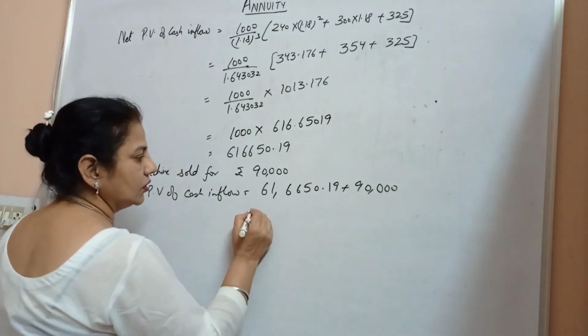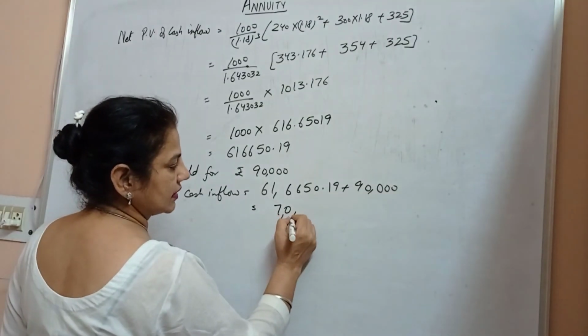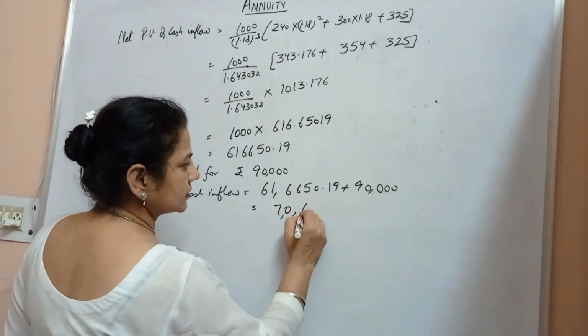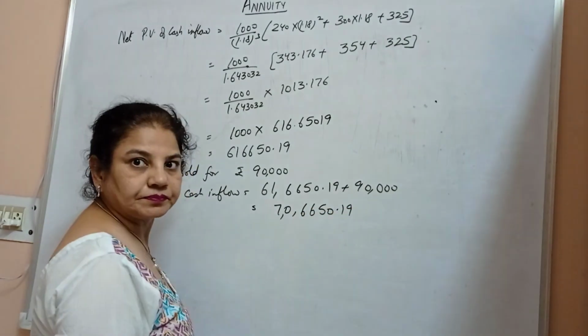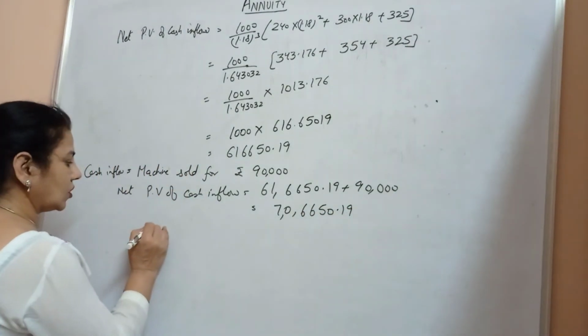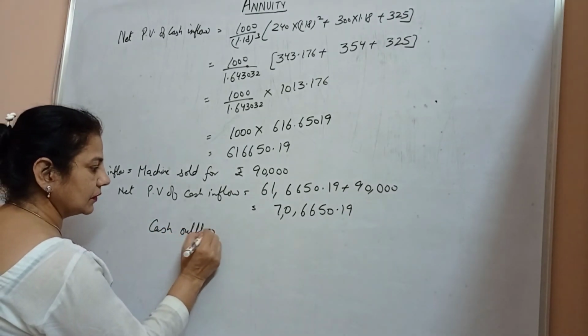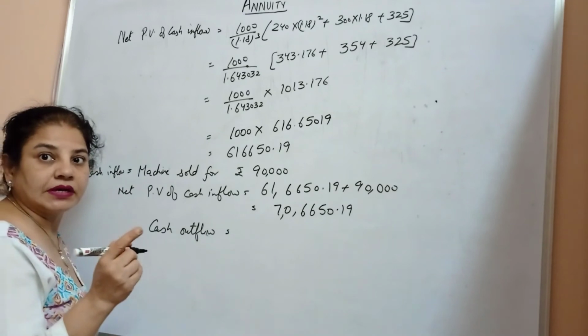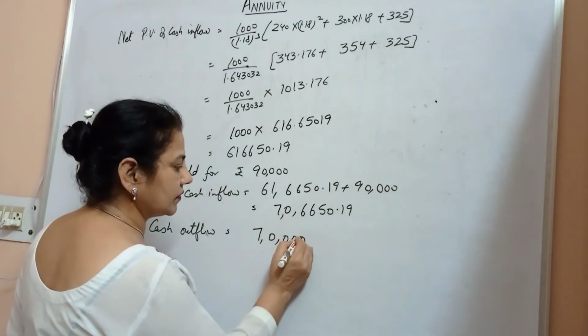On adding, you will get 7 lakh 6,650.19. And the cash outflow is the investment that was done of 7 lakh. So cash outflow is 7 lakh rupees.